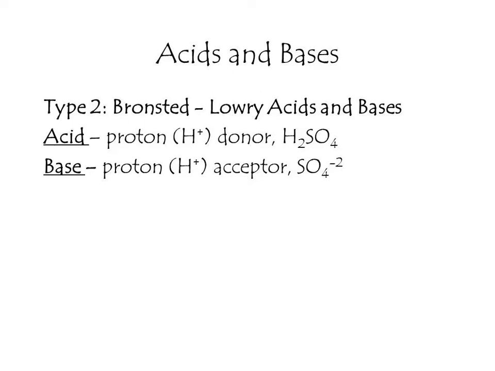So for example, if we take this example, where we're having water and ammonia, which is going to be the donor and which is going to be the base? If we look at this, we can make a prediction of what our products are going to be, and that is OH minus and NH4 plus.